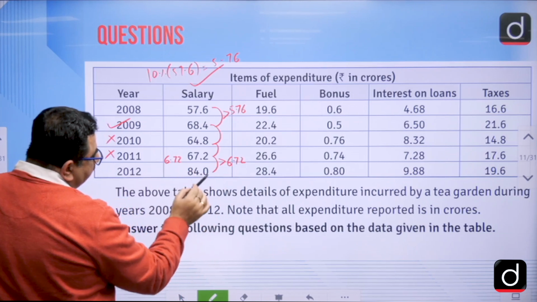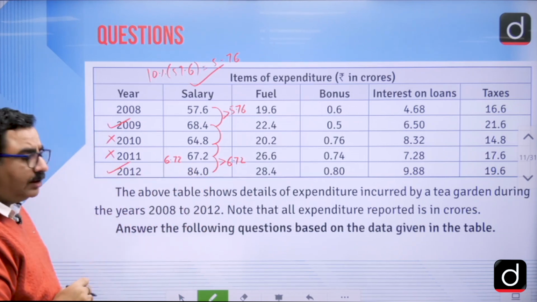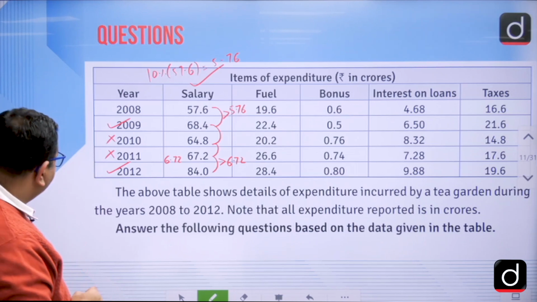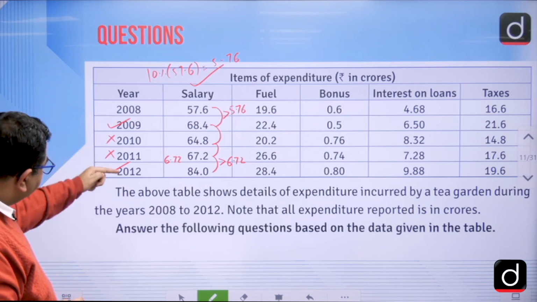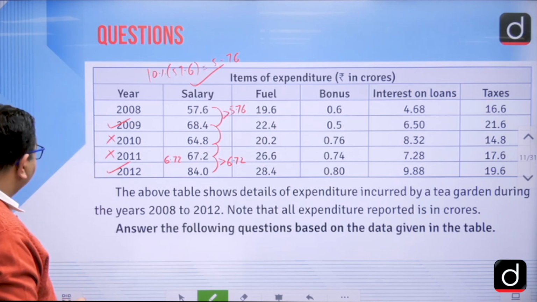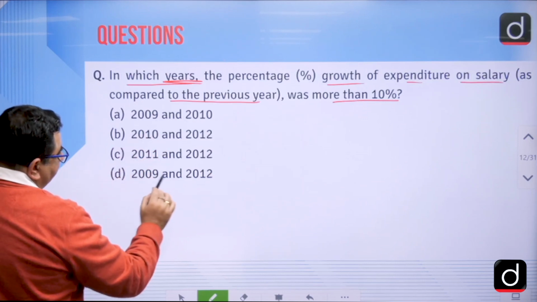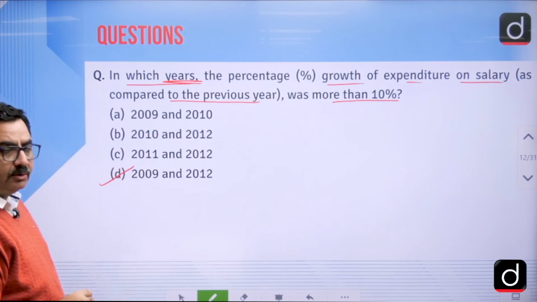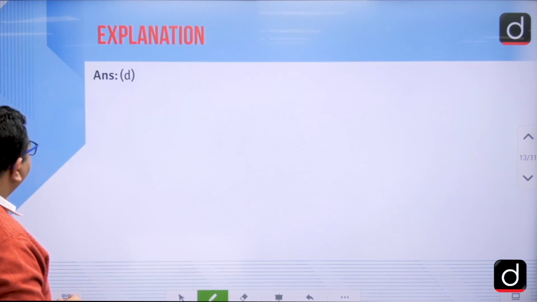So this is obviously more than 10%. So in 2012 also I can say the percentage growth is more than 10%. So how many years we have got growth more than 10%? 2009 and 2012. Now we'll check the options where we are getting 2009 and 2012, right? So this is my correct answer, 2009 and 2012, right? Now let's see further.